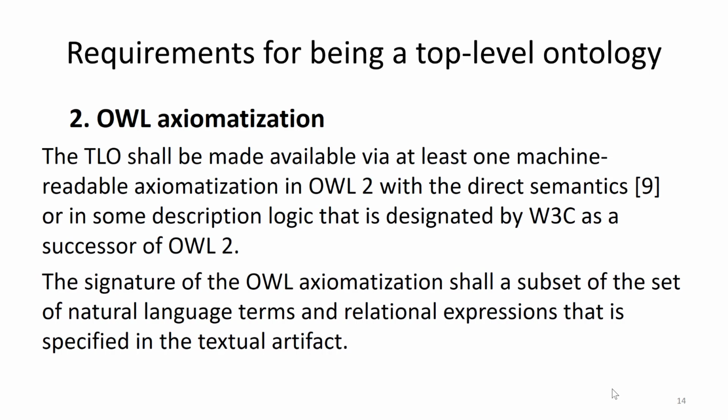And then the signature of that OWL axiomatization should be a subset of the list of terms and relations specified in the textual artifact. Ideally, it should be identical to that list.